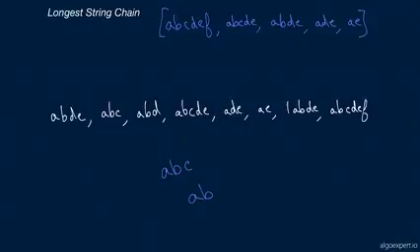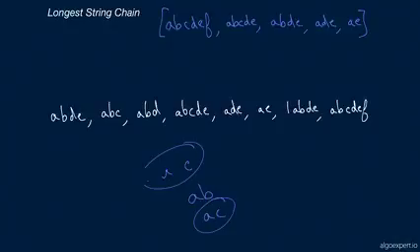The fact that you can remove one letter from ABC, in this case C, and that by removing this letter you obtain the string AB, which is also in our list of input strings, means these two strings now constitute a string chain of length 2. Now similarly, you could remove the letter B, and you would have AC, and if we had the string AC in our list, then these two strings would constitute a string chain of length 2.